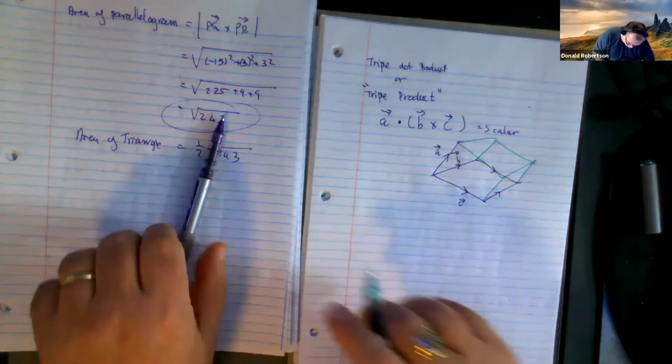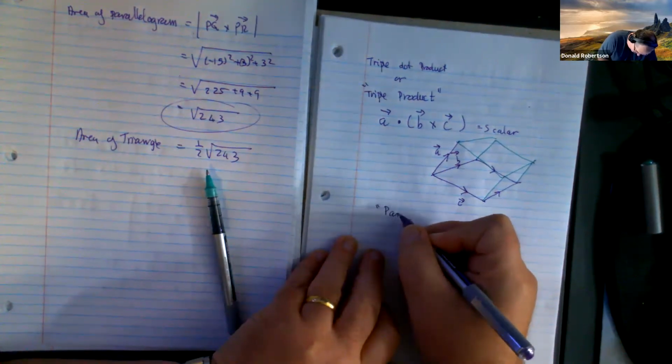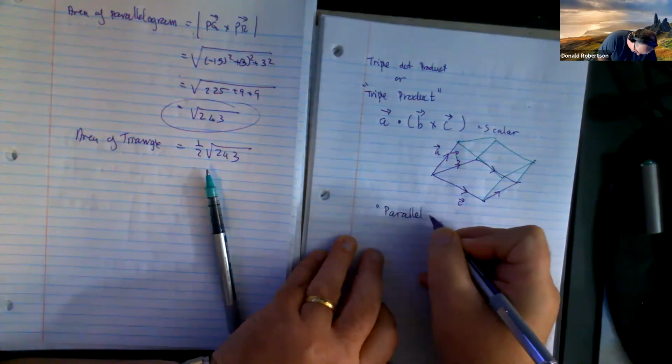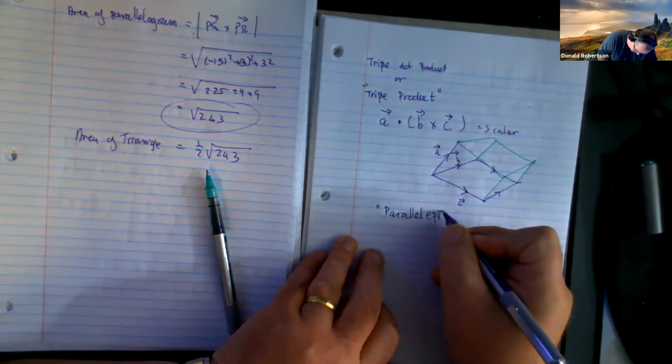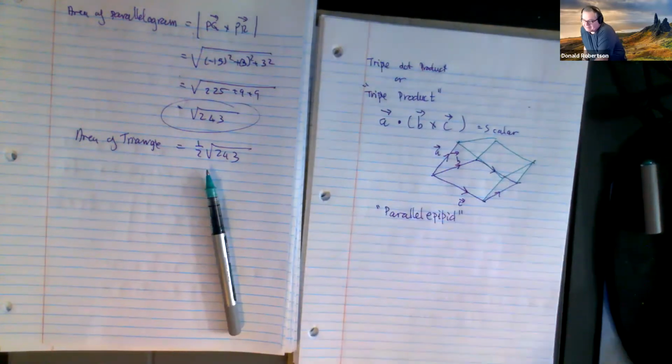It's got a really cool name, and I love saying this name. That shape is called a parallelepiped. Oh, come on, doesn't that name just roll off your tongue? Shouldn't a dwarf have been called that?